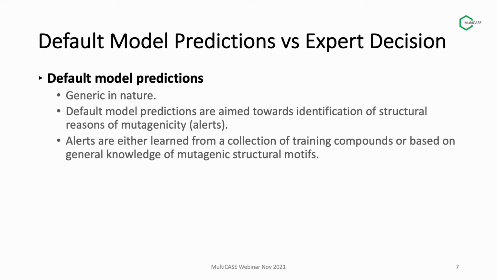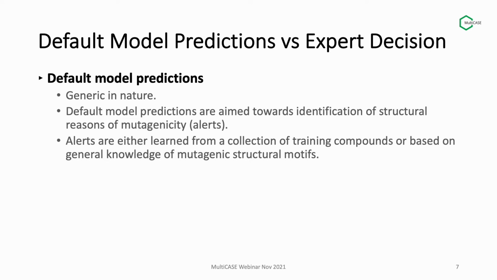Generic means they do not really care particularly about your query compound. The alerts identified in your query compound have been found by analyzing a lot of chemicals from the training set, or by a general knowledge of the expert, but they do not really focus completely on your query compound.